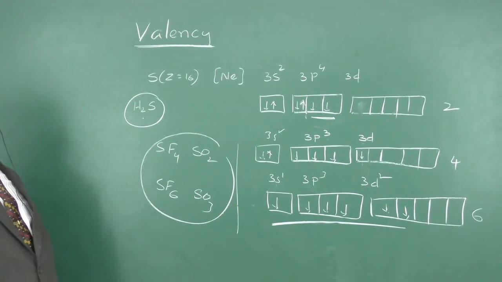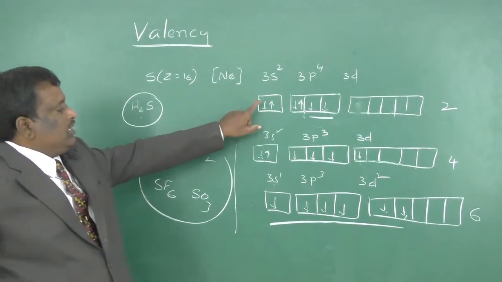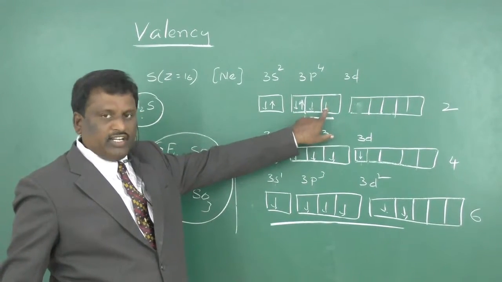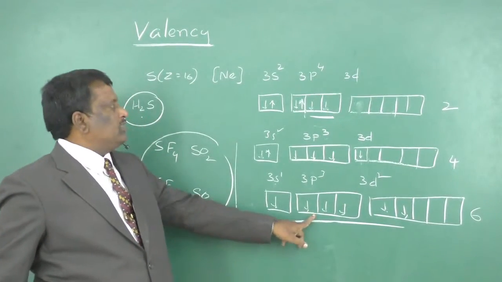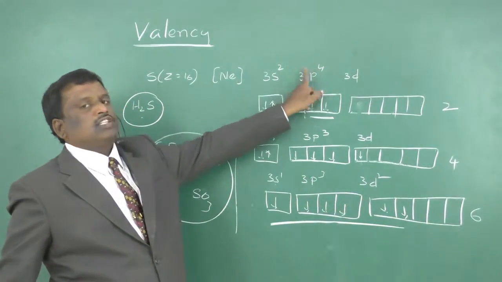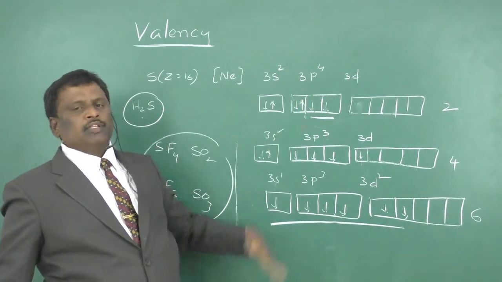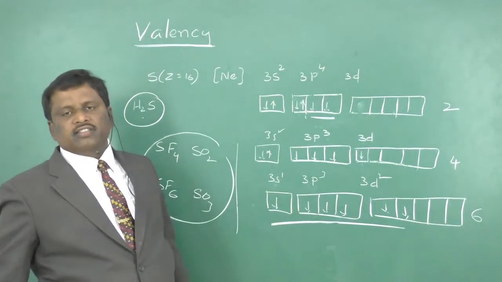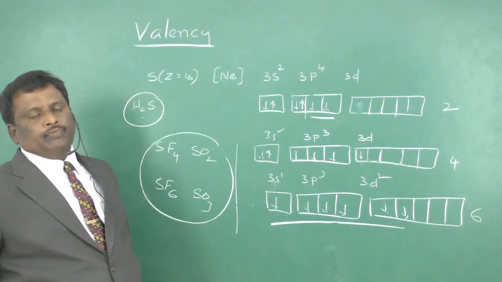So, the minimum valency of sulfur depends upon the number of unpaired electrons in its ground state, and the maximum valency is the total number of electrons that are present in the valency shell. In between them you have other oxidation states and other valencies also.